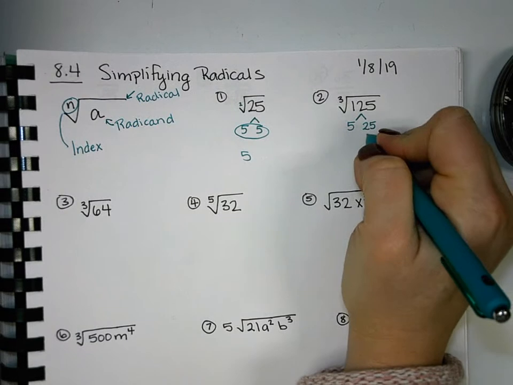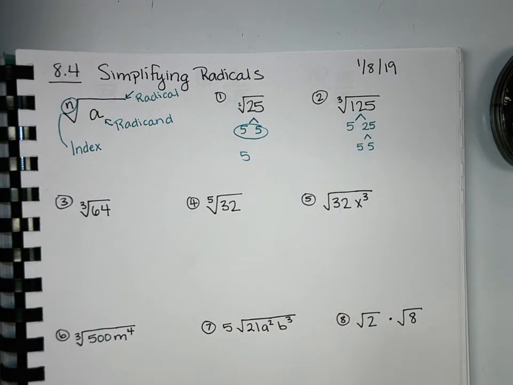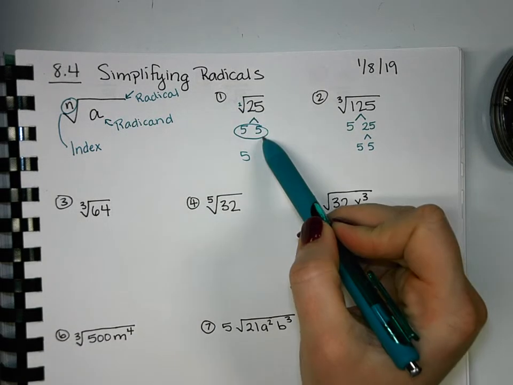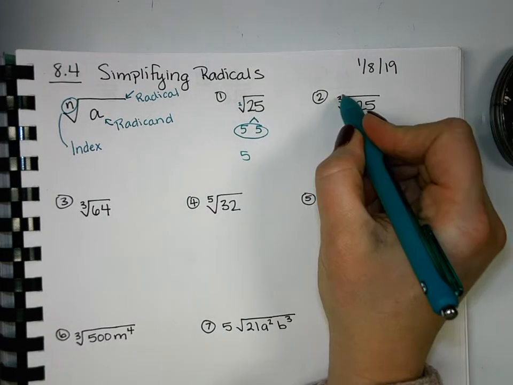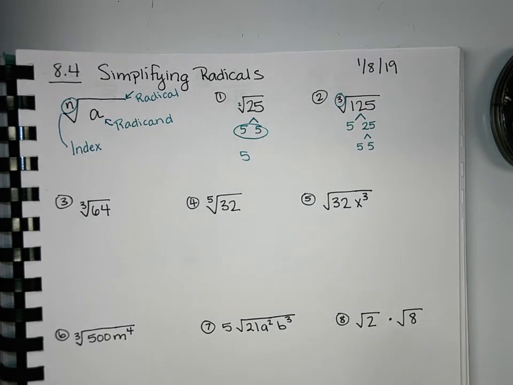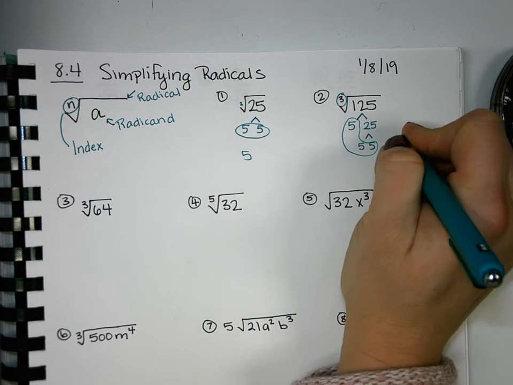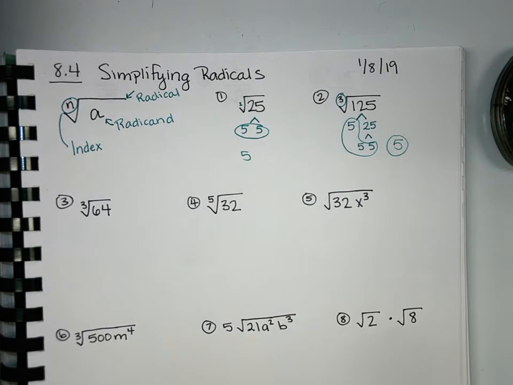Then let's break it down further. 5 and 5. Because in a square root we looked for groups of 2, this is telling us how many we're looking for in our group. So here we're looking for a group of 3 numbers. Do I have 3 of the same number? Yeah, I have a group of 3 right here. So that means my answer is just the 1 5.